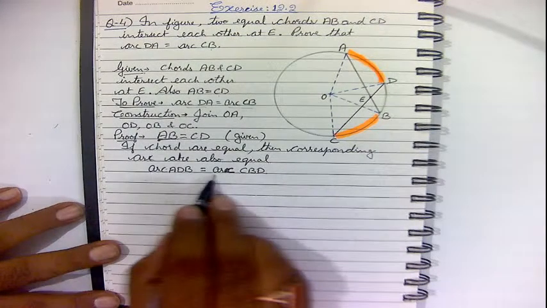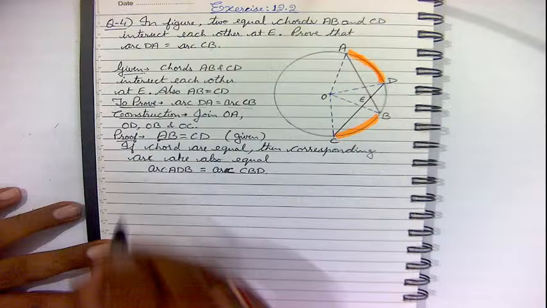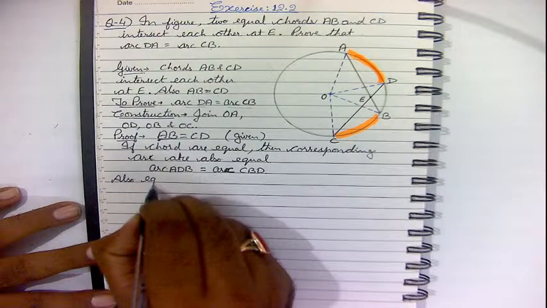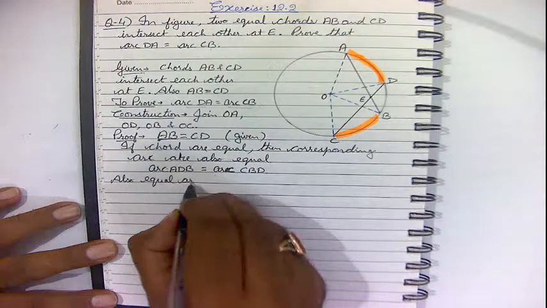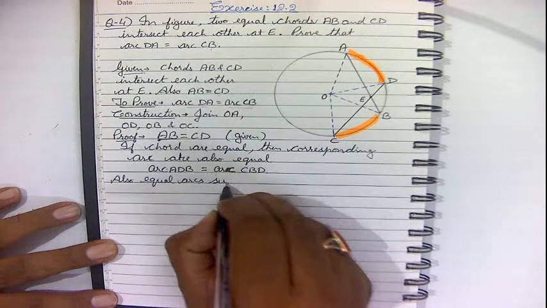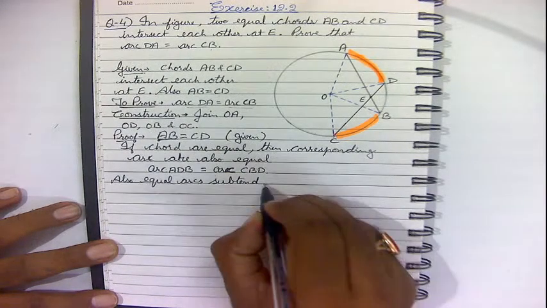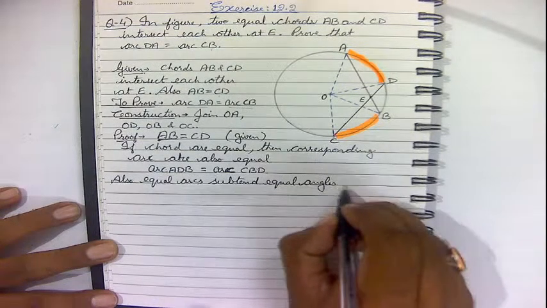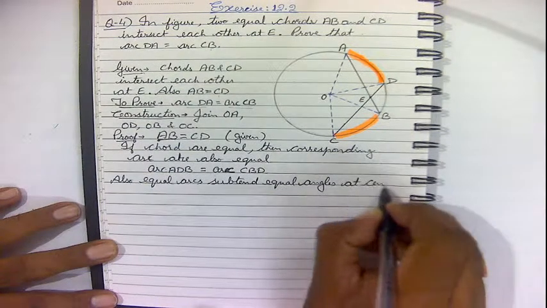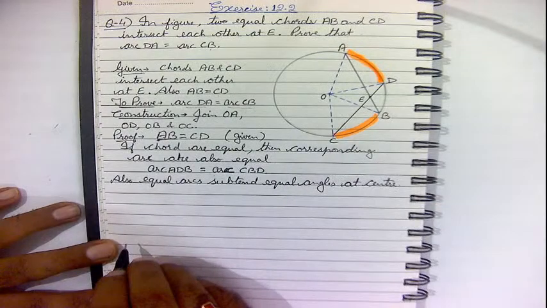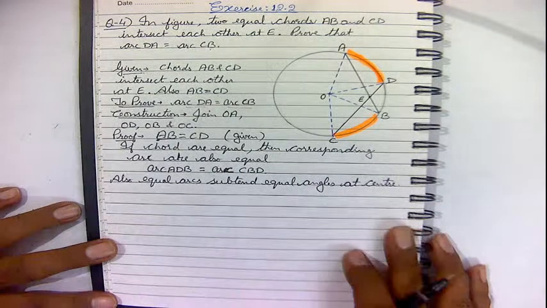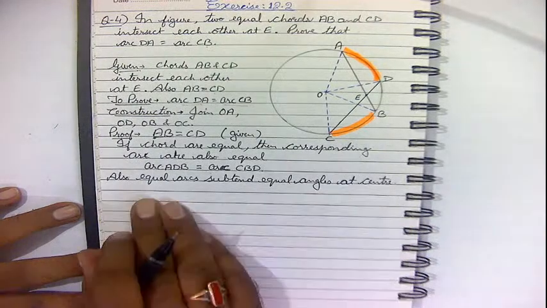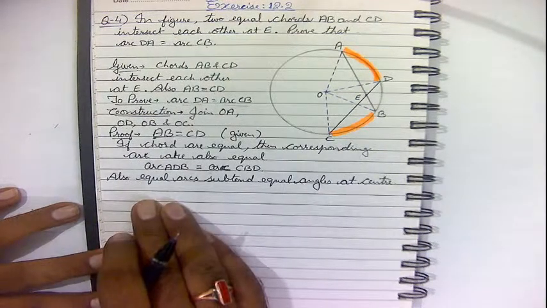So the two arcs are equal. Now also equal arcs subtend equal angles at center. This is also the property or the theorem which we have done, that if arcs are equal, then the angle subtended by them at the center will also be equal.